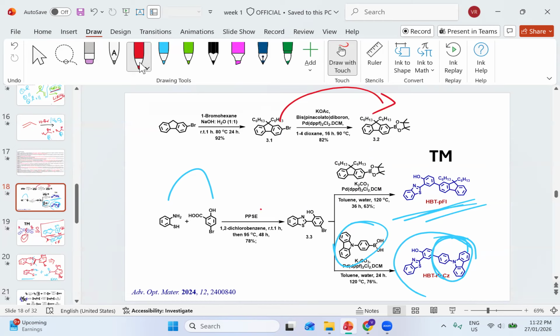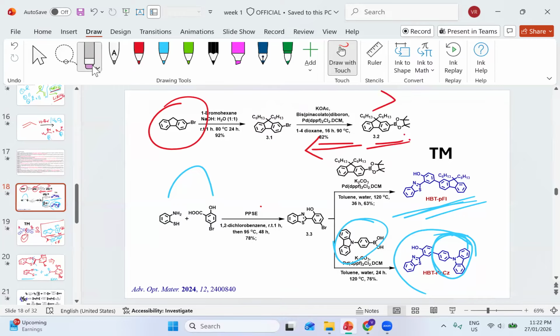This is basically the functional group interconversion from this boronic ester, if you go reverse back to the bromo. So this will be the functional group interconversion step that we did. Again, the alkyl part in this bromo compound was not there earlier in the starting material. This C6H13 is the alkyl chain, and it was added from the bromohexane.